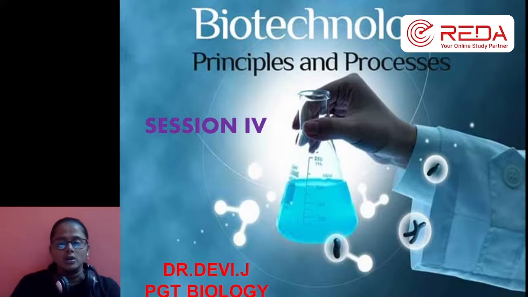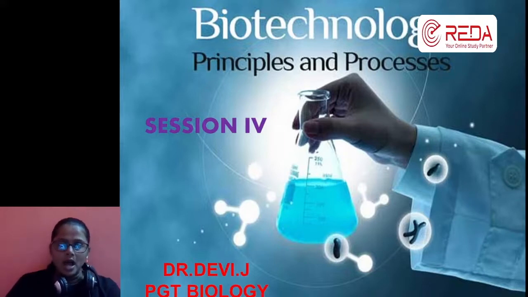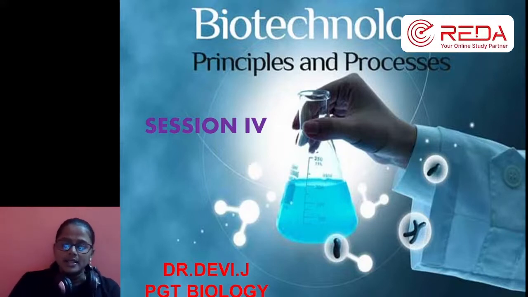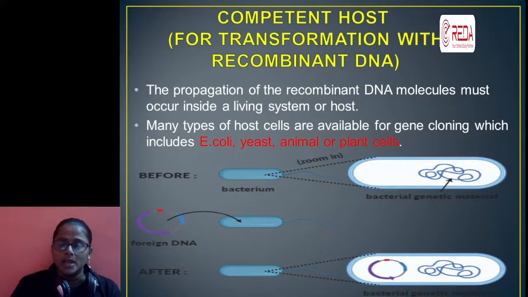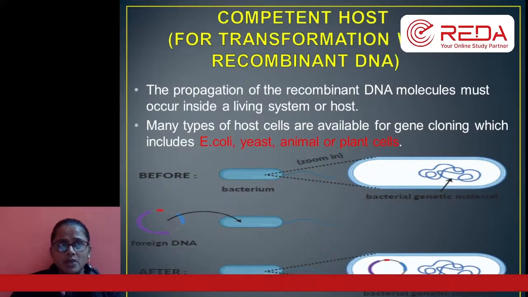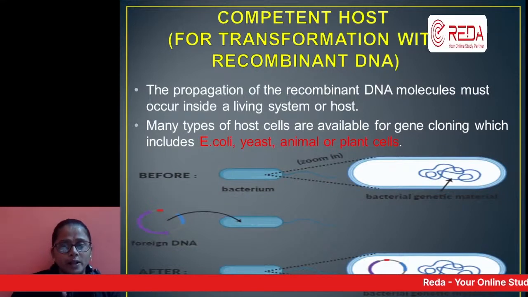These are the things we studied in our last 3 sessions, and this session number 4 is going to be a continuity of session number 3. In session number 3, we discussed the various steps of biotechnology.